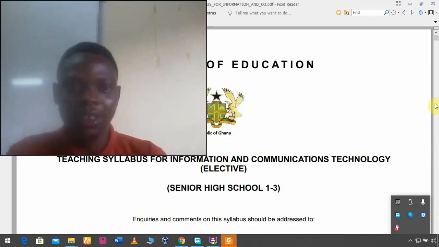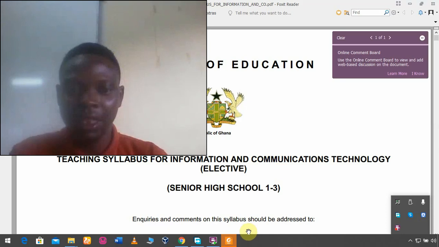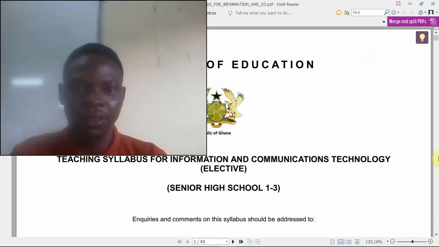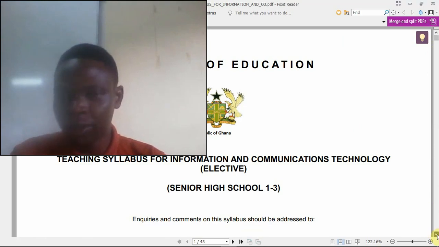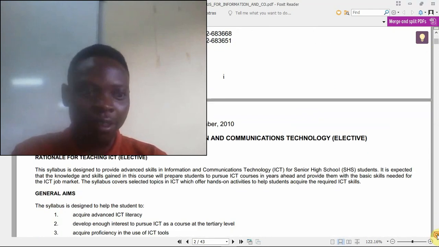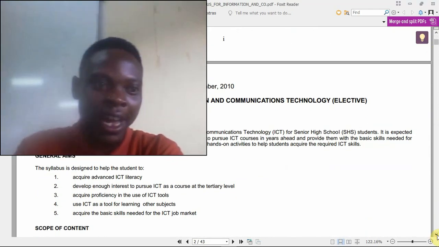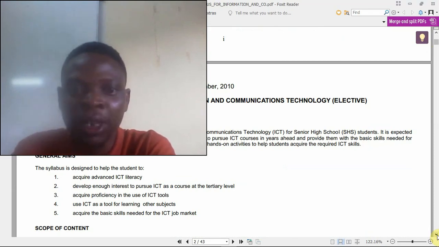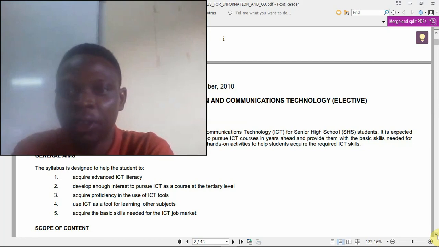So this is the elective ICT syllabus for senior high school 1 to 3, and the rationale behind this says the syllabus is designed to provide advanced skills in information and communications technology for senior high school students.